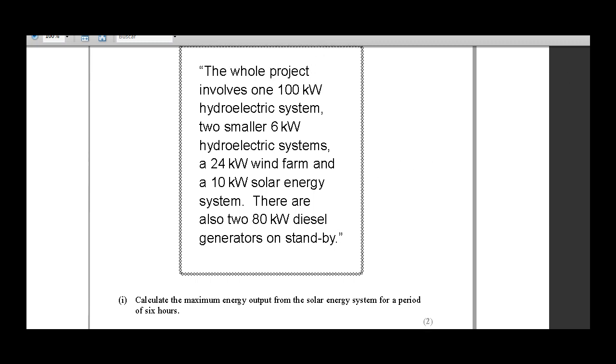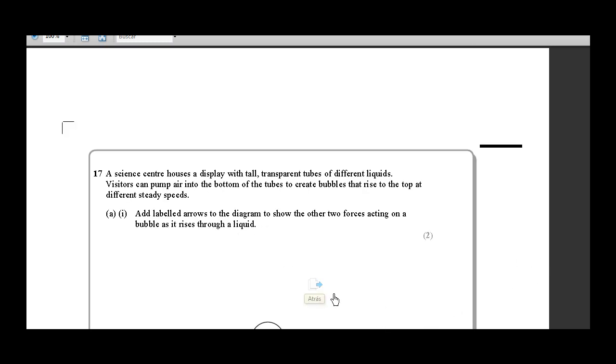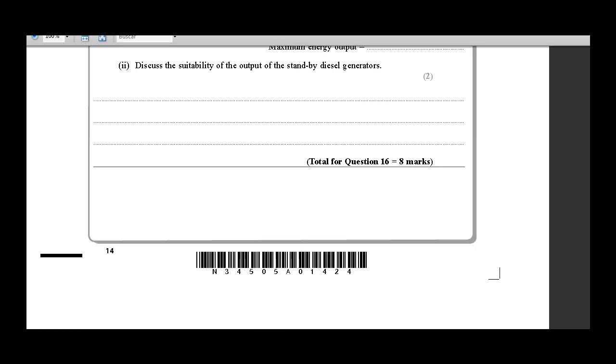In other words, they're asking you to add all of these, which are 100 plus 6 plus 24 plus 10, which would be 140 kilowatts, and compare it with 2 of these guys, which is 160. So 160 is more than 140, and therefore the diesel generators are enough to substitute the other systems in case something went wrong with all the others. So that's what they're trying to get you to get at, basically.